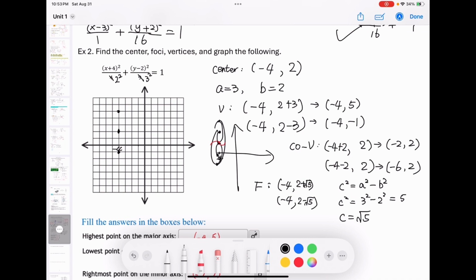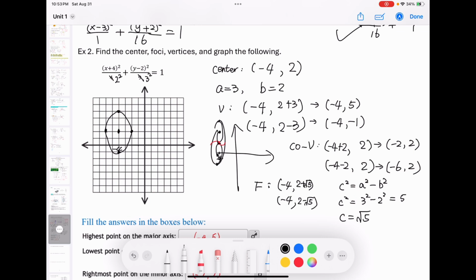Next one, find my co-vertices. They are negative 2, 2, and negative 6, positive 2. If I have this information, it's good enough for me to make my ellipse. We can also find our foci.